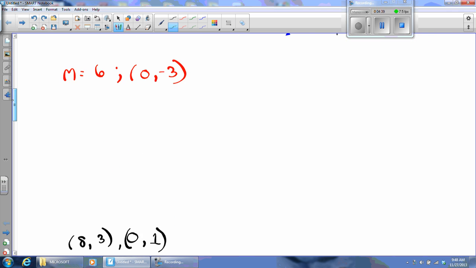Now I also expect you to be able to take information like the slope is 6 and have this point and say, oh, okay, well, I need to write an equation in slope-intercept form. Well, slope-intercept form is y equals mx plus b. Well, I'm told the slope is 6, so I have y equals 6x.